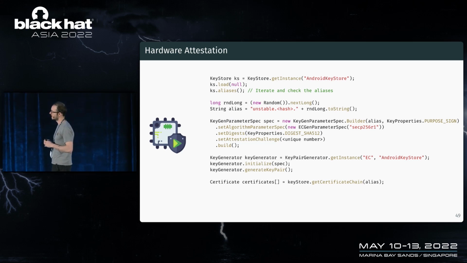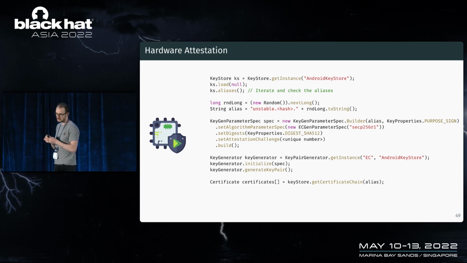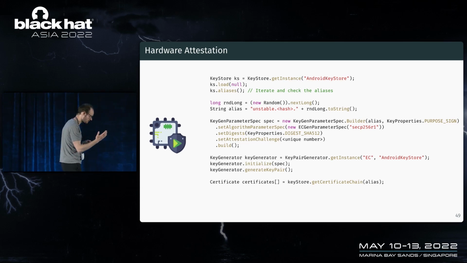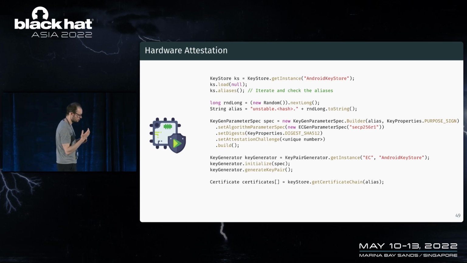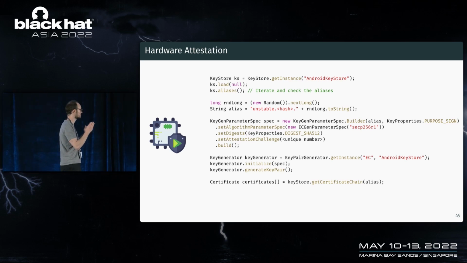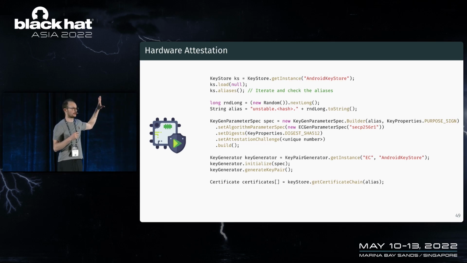Last word about the hardware attestation. As I said at the beginning, Google introduced hardware attestation to improve the way SafetyNet works, because otherwise it can be more or less easy to bypass. And actually hardware attestation is not something magic. It's just code that is running through the different handlers of the VM.